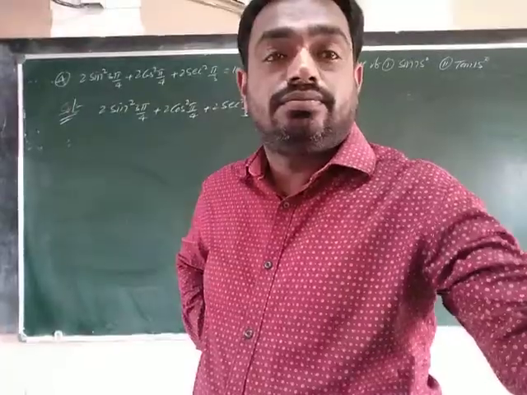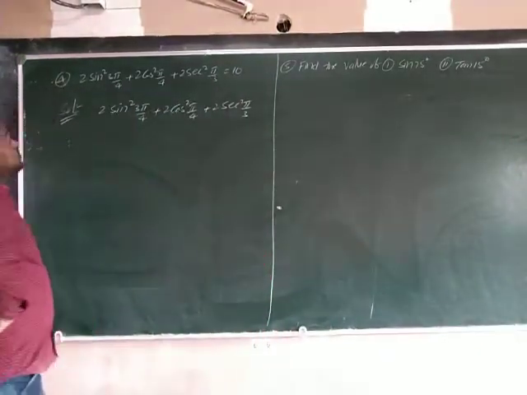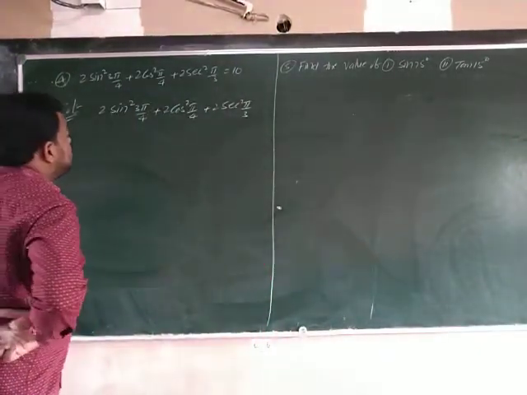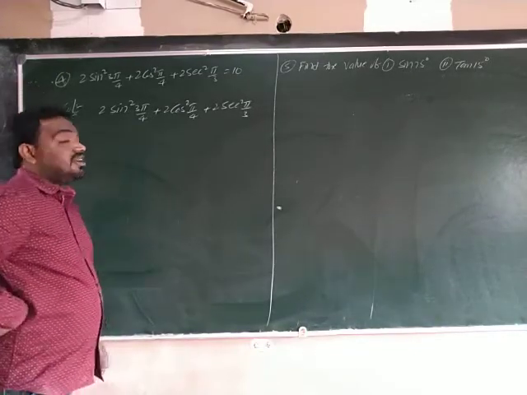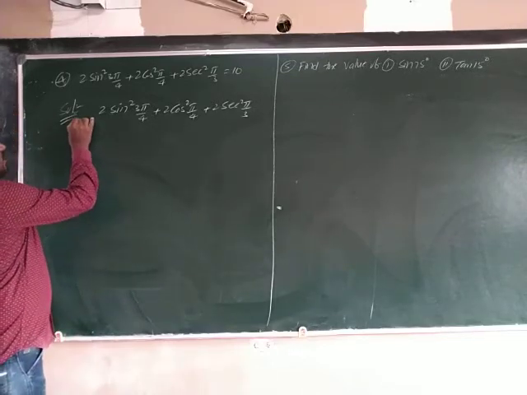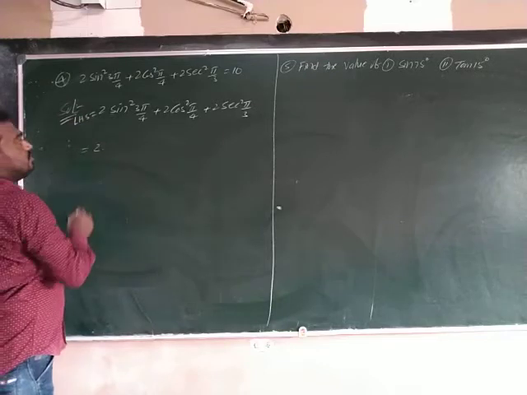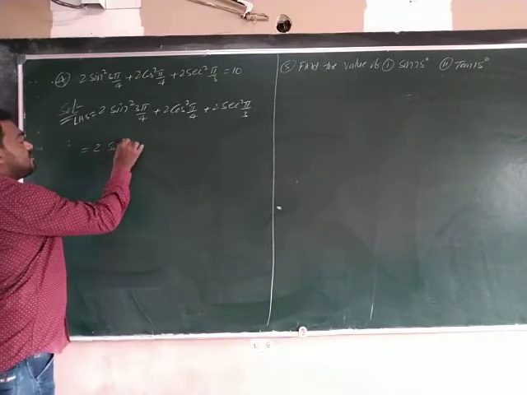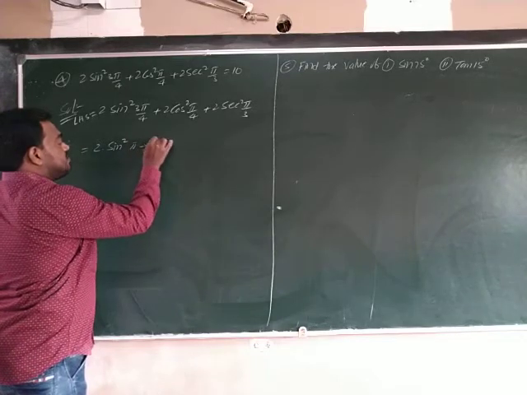Fourth one: 2 sin square 3 pi by 4 plus 2 cos square pi by 4 plus 2 secant square pi by 3 equals to 10. See, LHS is equal to 2 into sine square of 3 pi by 4, which I am writing as pi minus pi by 4.